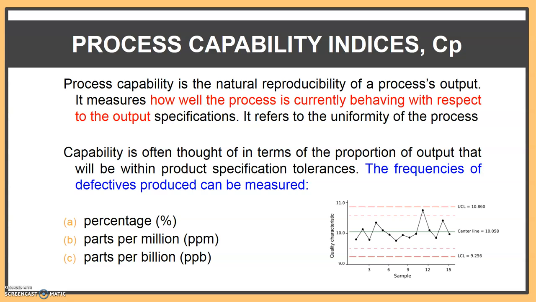The value for your control output, that means the black dot here, is measured in percentage, parts per million, and parts per billion. Okay, then you know how to measure the output.